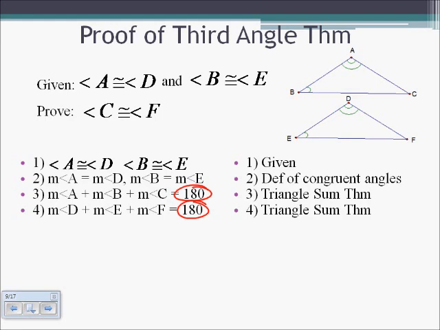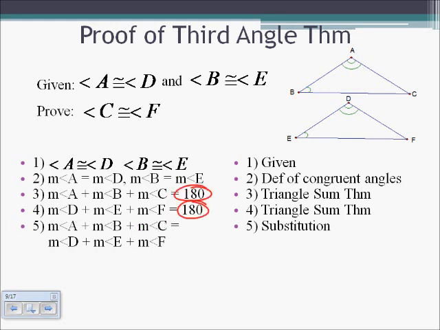So we could substitute those values in and make one long statement, which would state that the measure of angle A plus measure of angle B plus C is equal to the measure of angle D plus E plus F. Substitution. If I notice from before that angle A and angle D were the same, and angle B and angle E were the same, then I would have no problem canceling out A and D and B and E from my equation. And that's what I'm going to do.